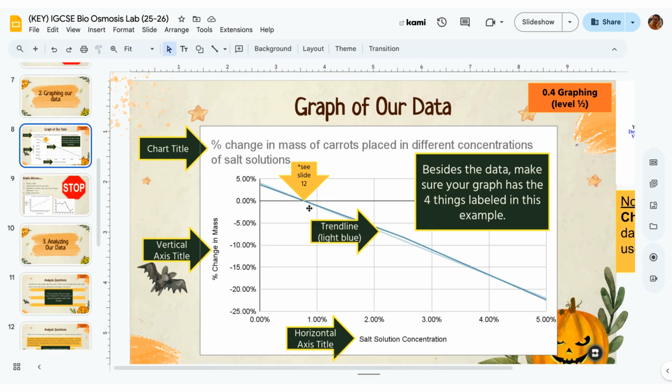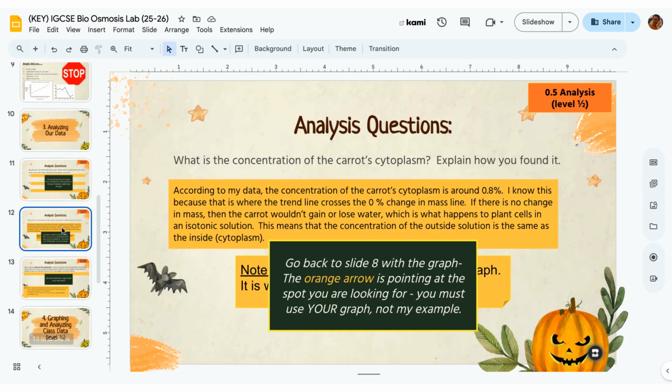So that point right there, that's the point where my cytoplasm would be equal to the outside concentration. So notice it's between 0 and 1%, a little bit closer to 1%. So I would say that's about 0.8%, maybe 0.7, depending. I think in my answer I put 0.8. So there's an example answer on slide 12 for that one.